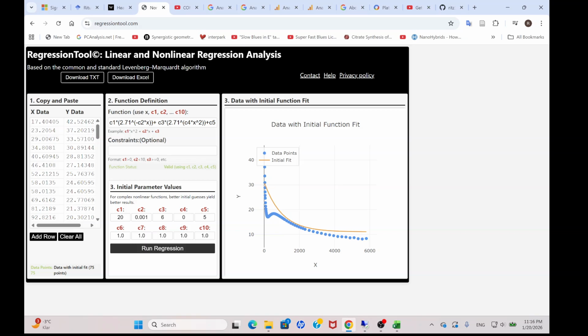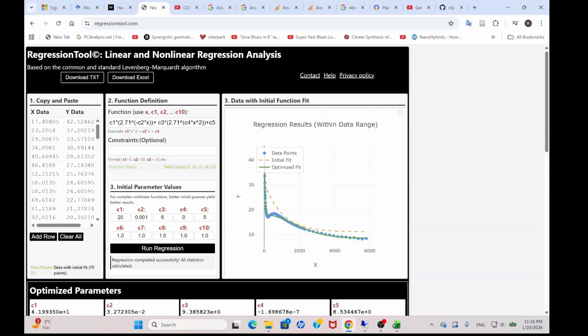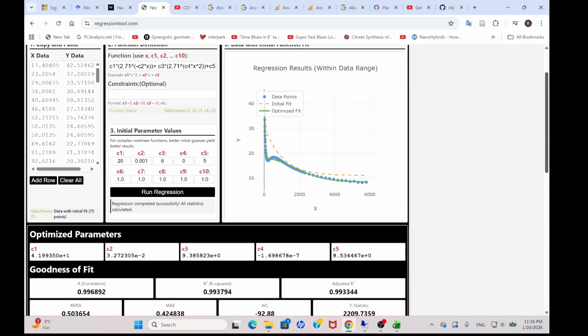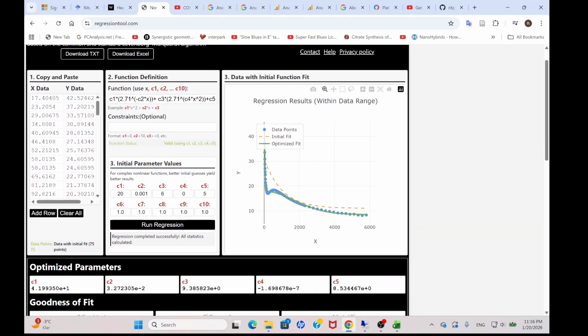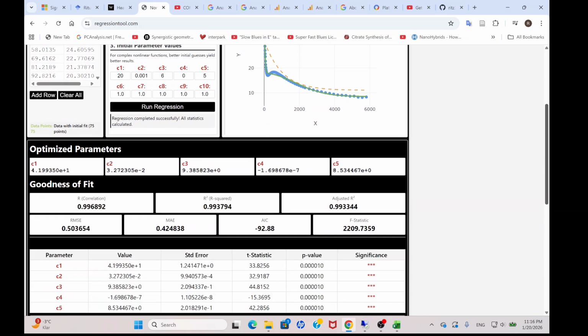Let's check it out. It's optimizing. And it has done it quite well, because now we can see this is the optimized fit with the model. It's really fitting quite okay, I would say.